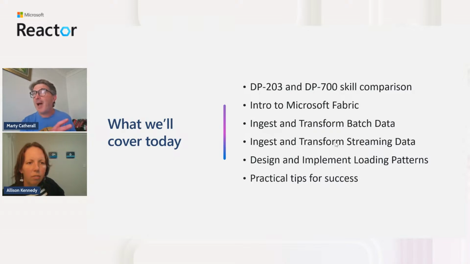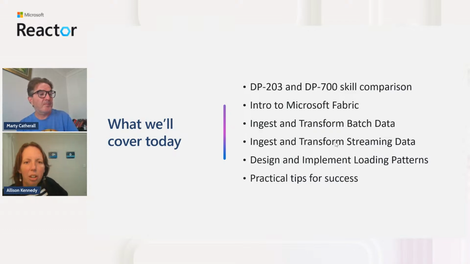Obviously, we moved from Azure to Fabric, but most of the concepts people should find relatively intuitive. Most of the stuff, it's not like they've totally reinvented the wheel. So the concepts are still the same. Even the UI is very, very similar for most of it. So it should look familiar.